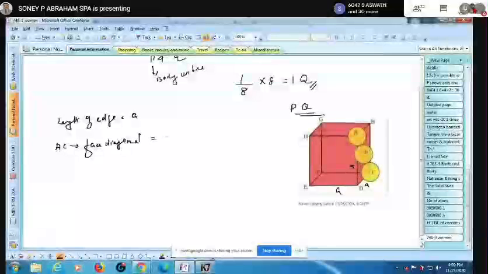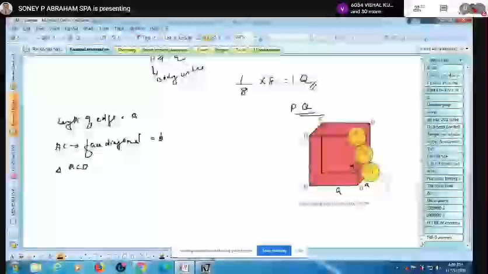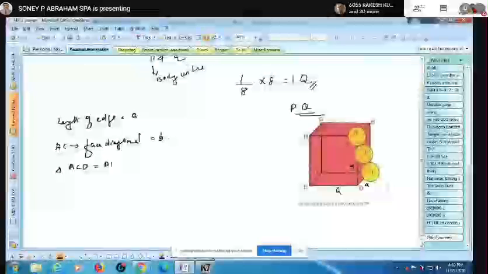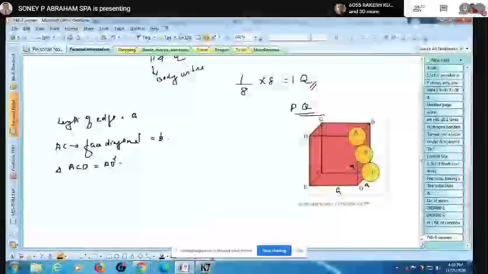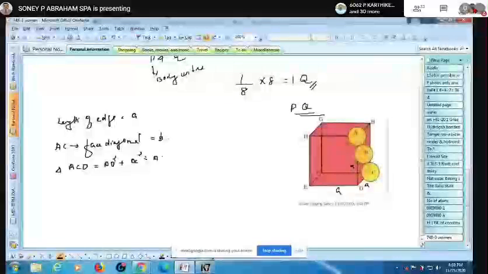Let the length of the face diagonal be B. And if you take the right angle triangle ACD, we can say AD square plus DC square is equal to AC square. Am I right?